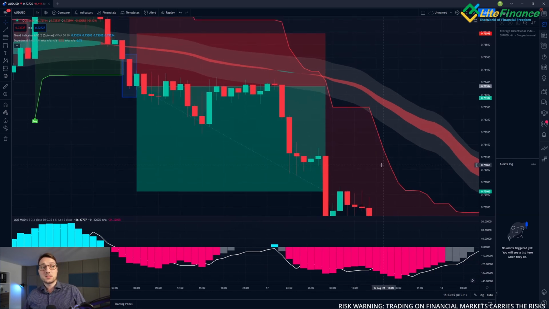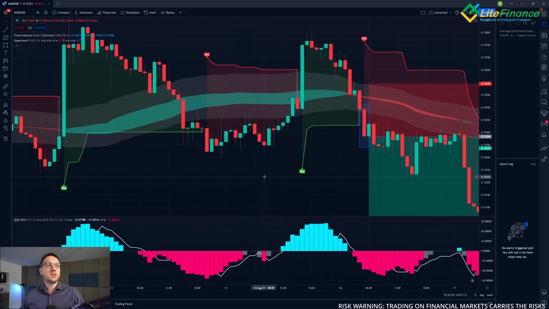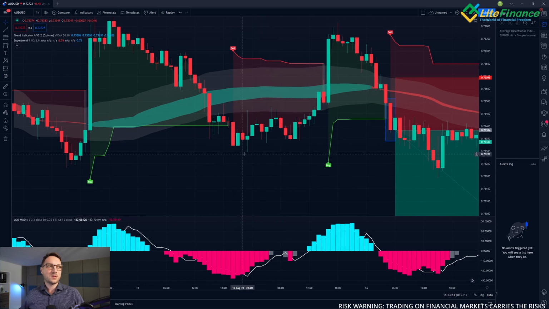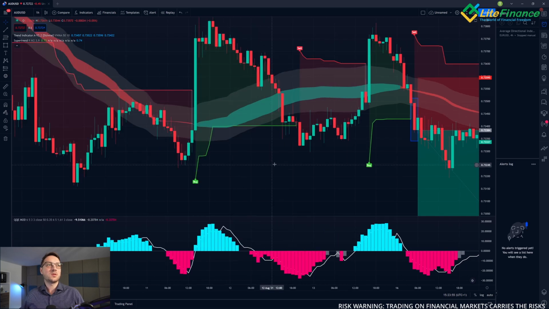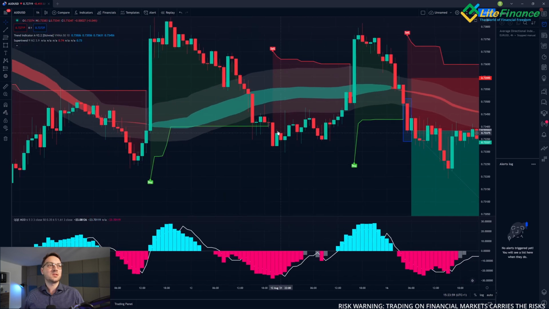So this strategy looks quite promising, but it doesn't look so good if we go to the moment where the price was ranging. For example, over here you have the situation where the super trend is signaling you sell, QQE is signaling sell, but the ribbon is still green.